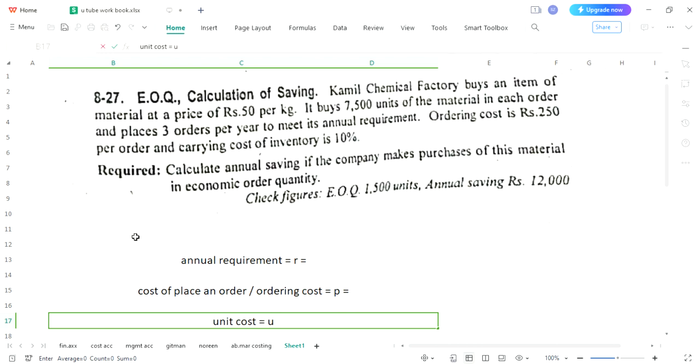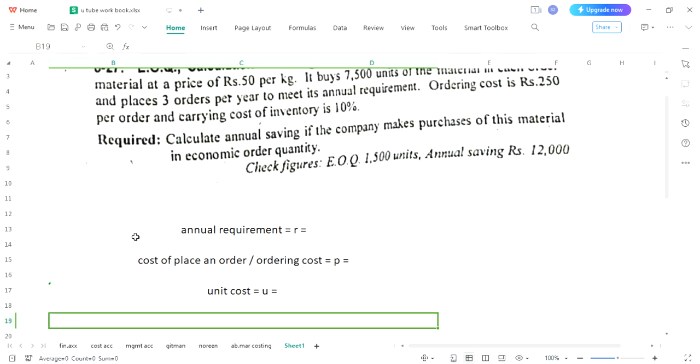This may be denoted by U. Finally we will see carrying cost. This is a very important factor. That means if you buy your commodity, how much you will pay to carry those units from the place of buying to your place, and how much cost you will spend upon storing them.